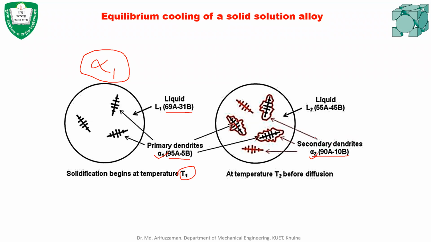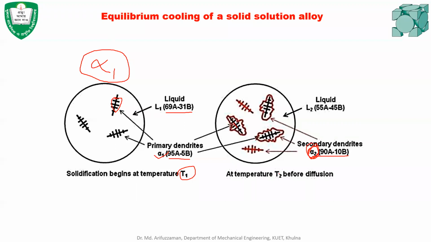But by the time, since we are doing very slow cooling, the diffusion actually occurs. That means the atoms of B and atoms of A can diffuse through the solid to make the whole crystal of alpha 2 dendrites. Okay, that means when there is alpha 1, more atoms of B and less atoms of A are diffused into the dendrites of alpha 1 to form alpha 2.